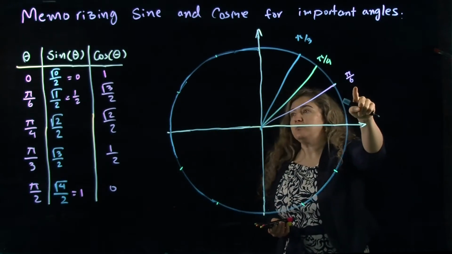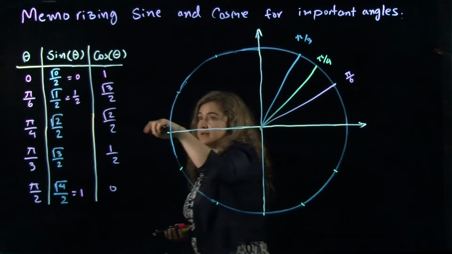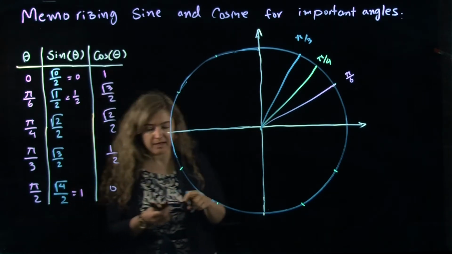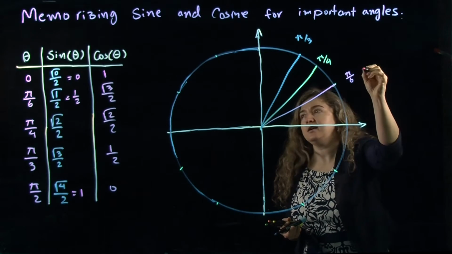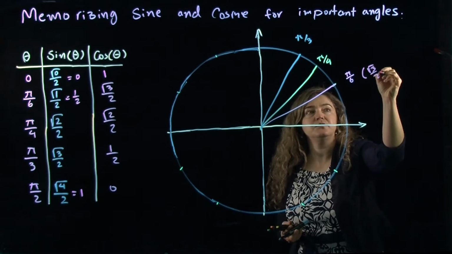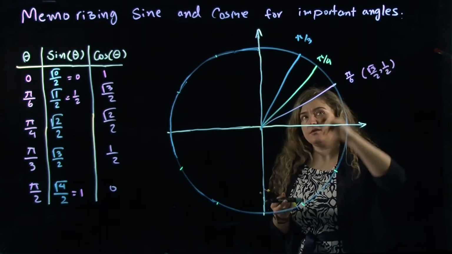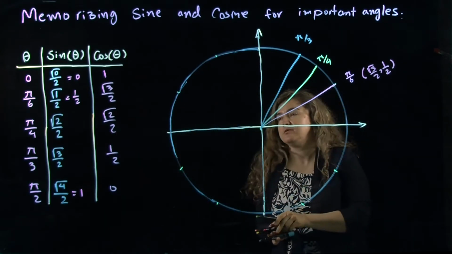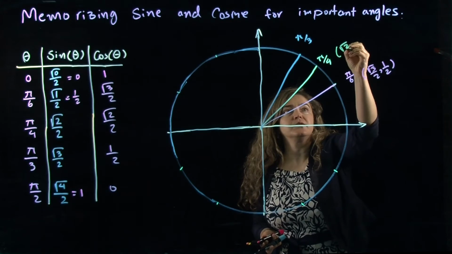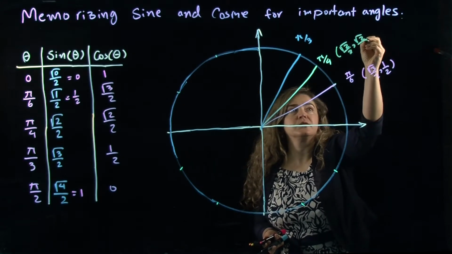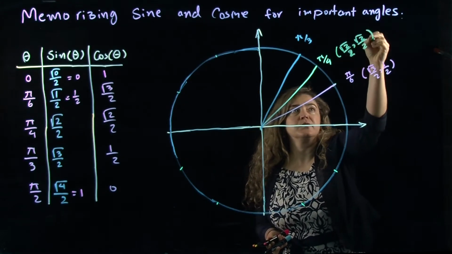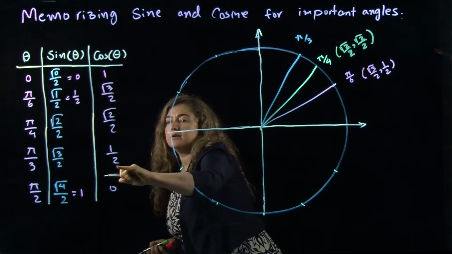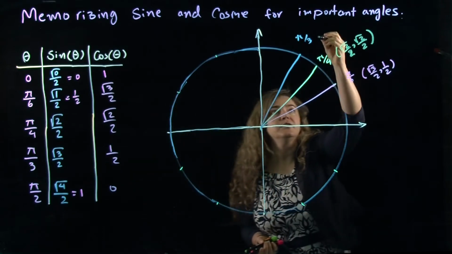And so x and y for pi 6th, x is square root of 3 over 2, and y is 1/2. So I'm putting it over here, square root of 3 over 2, and 1/2. For pi 4th, both of them are square root of 2 over 2. For pi 3rd, it's 1/2 and square root of 3 over 2.